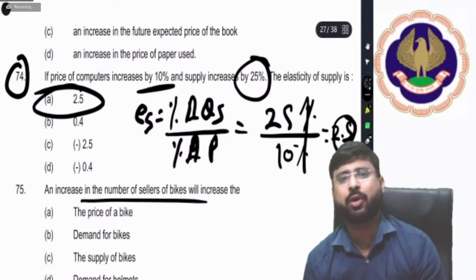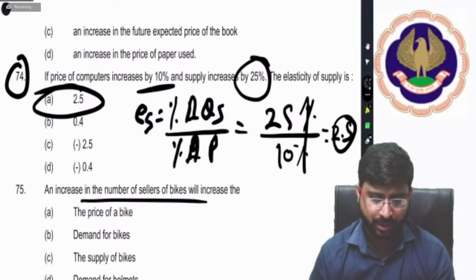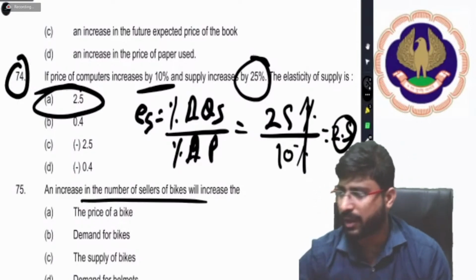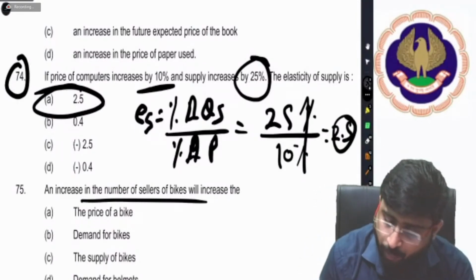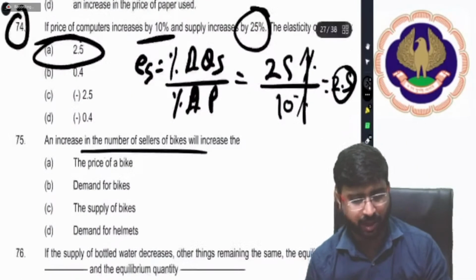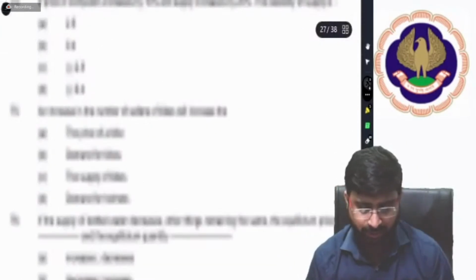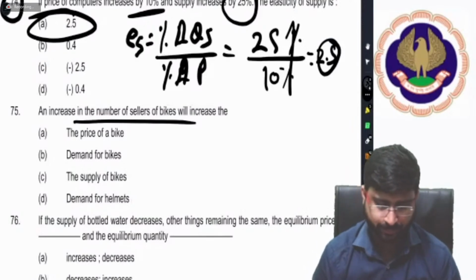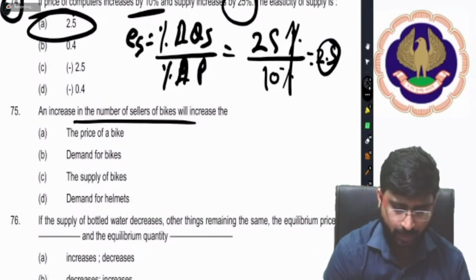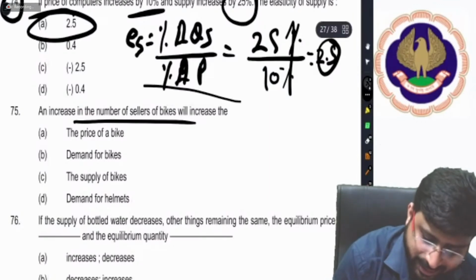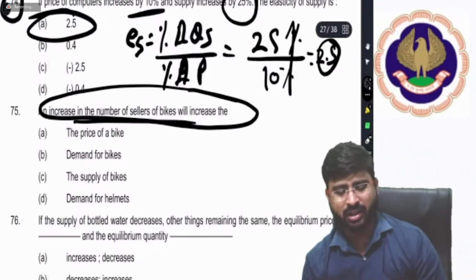An increase in the number of sellers of bikes. What will happen? Remember, quantity supplied will rise, because there is a direct relation. Next, question 75. An increase in the number of sellers of bikes will increase what?